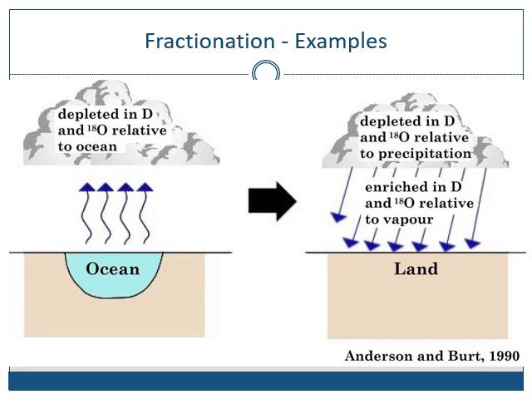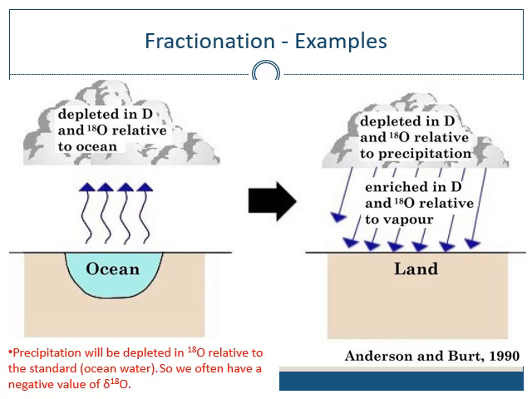And then you can see on the right-hand side, as that water is being condensed from the cloud to land, the cloud itself is going to lose water, it's going to become depleted in deuterium and O18 relative to the precipitation that's being generated.